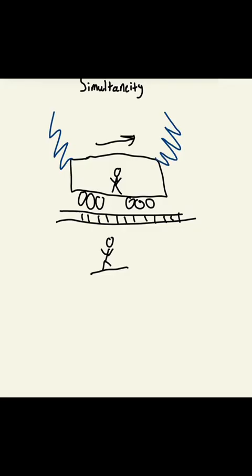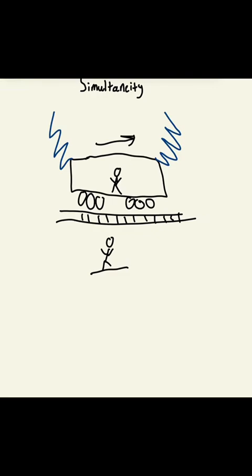Now, the person standing off to the side will observe the lightning strikes as simultaneous, because they're standing on the ground midway between the strikes, and they see the light from both events arrive at the same time.